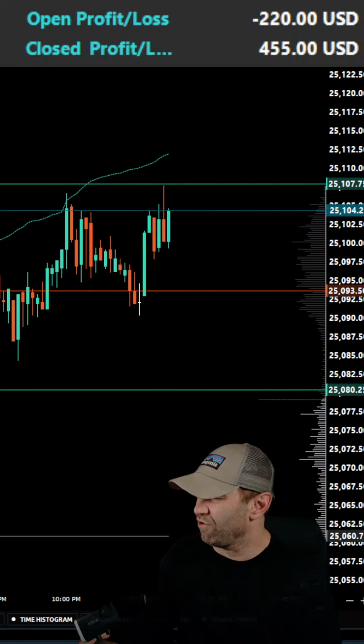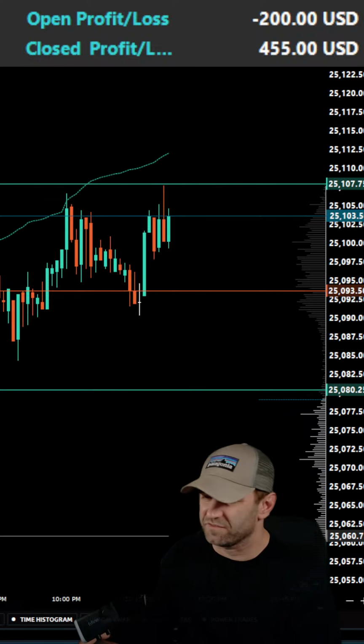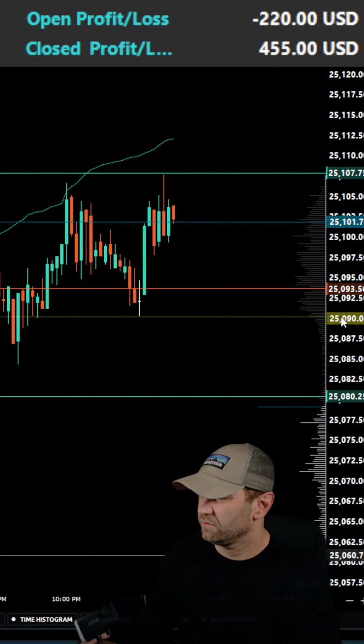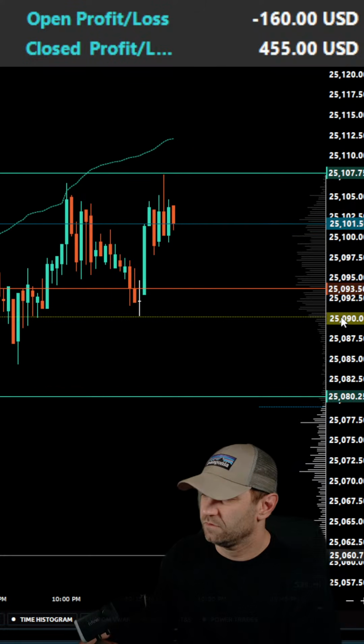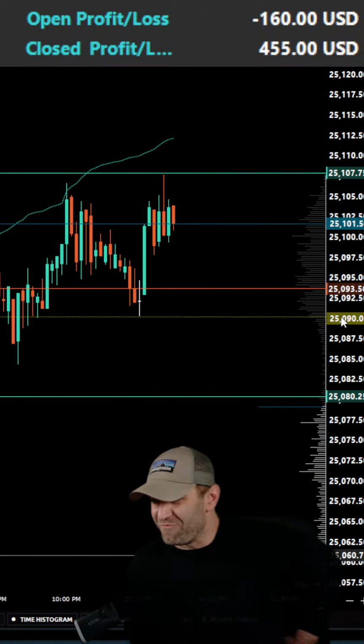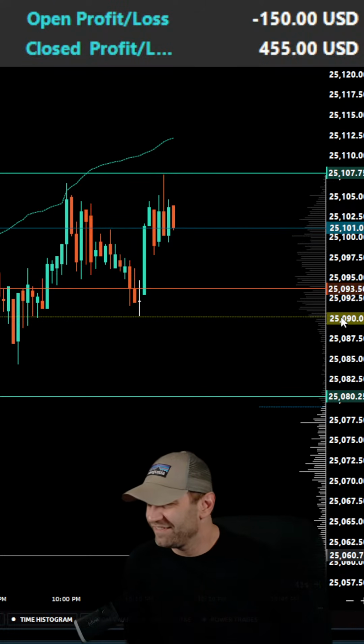There's not a whole lot of size below us until you get down to 25,060, 25,050. This would be the best stop loss placement ever, though. It really would be. I'd be pretty proud of this one if it works out.